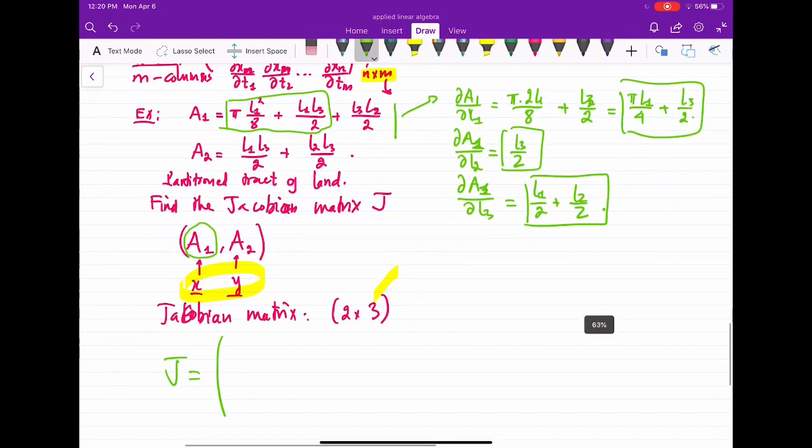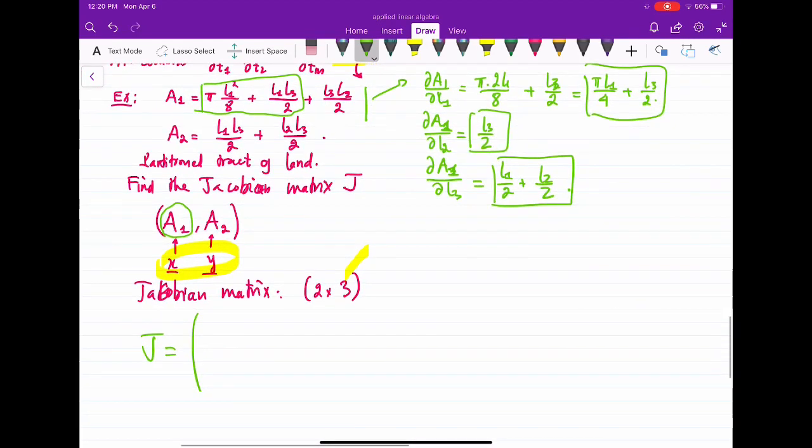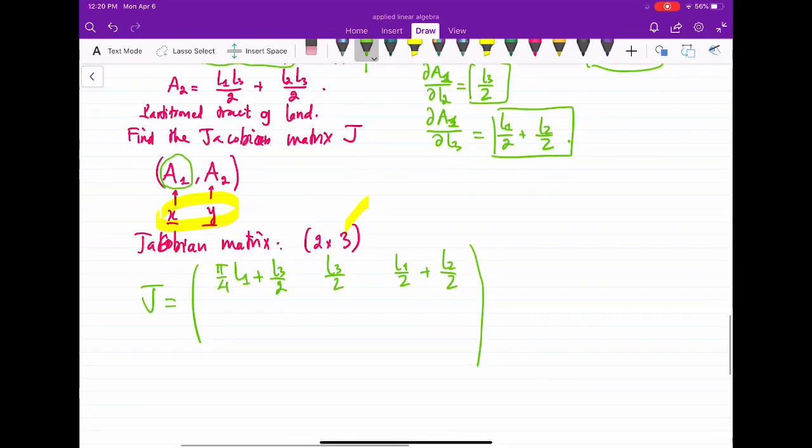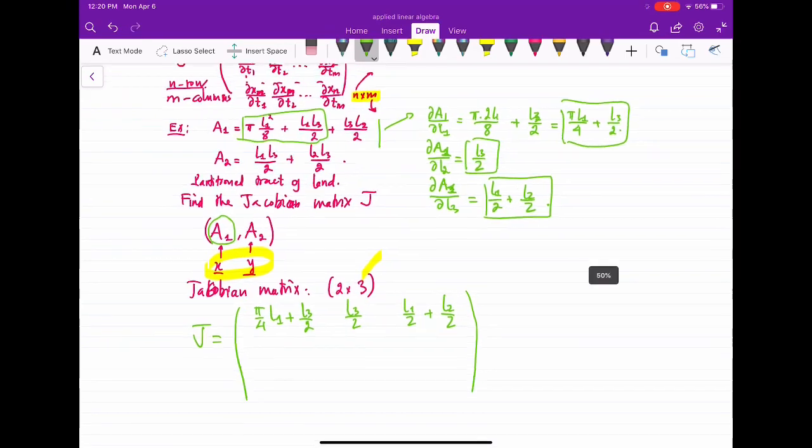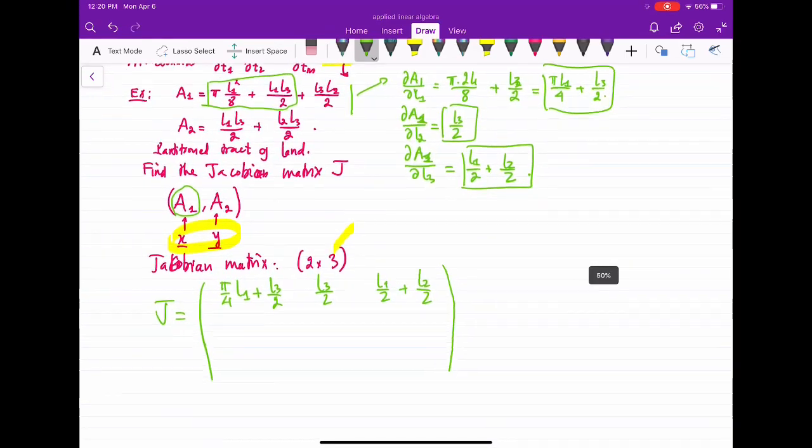I have the first row of the Jacobian matrix: pi over 4 L1 plus L3 over 2, and then L3 over 2, and then L1 over 2 plus L2 over 2. That is the first row. You see that? Similarly, you can find the second row.